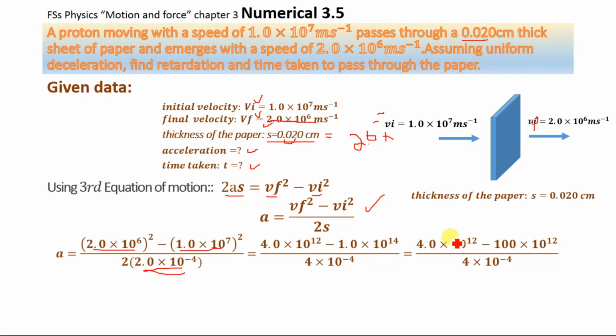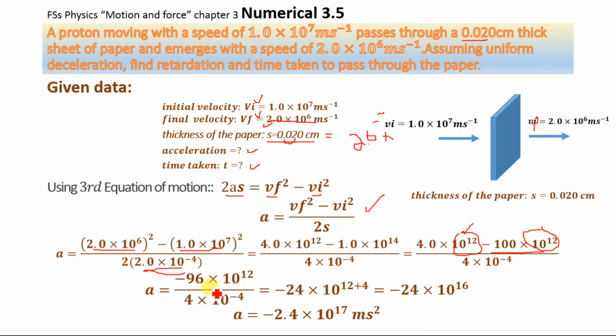We will have this new term. Further solving this, we have to adjust the power of both to 10 power 12, so that we can subtract this minus 100 times 10 power 12 from this 4.0 times 10 power 12. Subtracting 100 from 4, we will have minus 96 times 10 power 12 divided by 4 times 10 power minus 4.